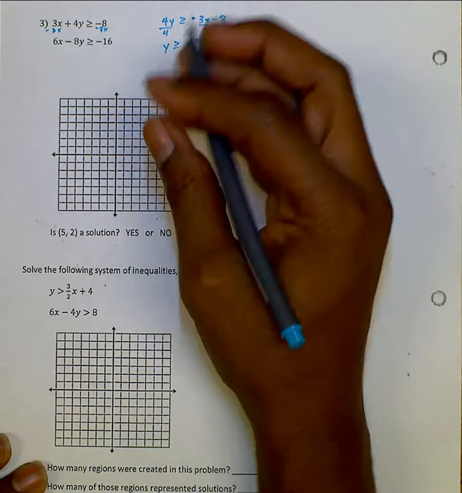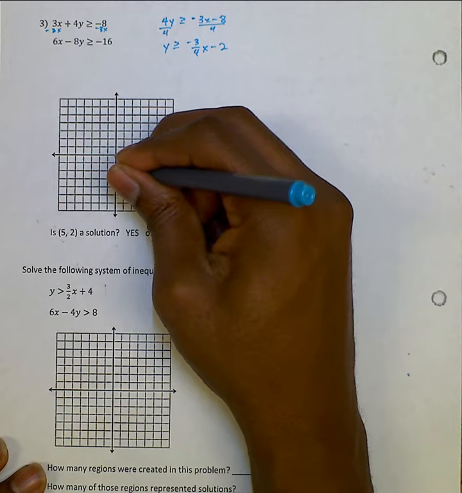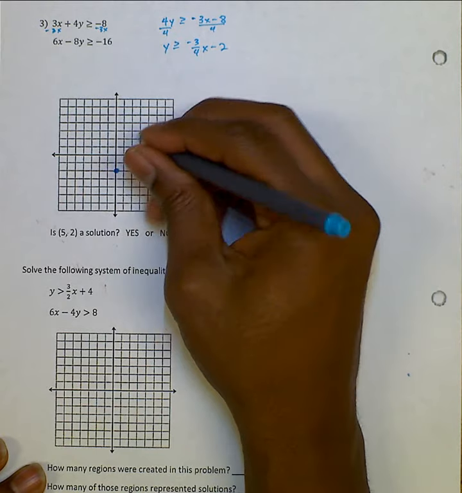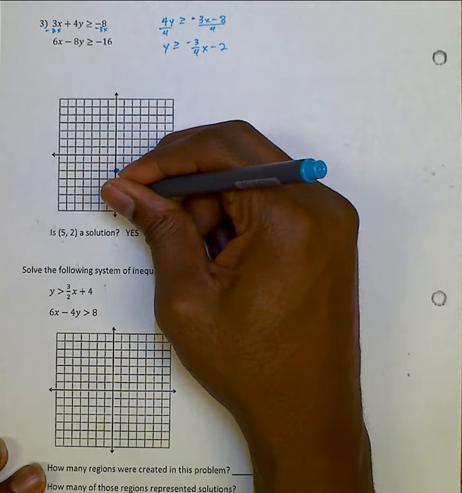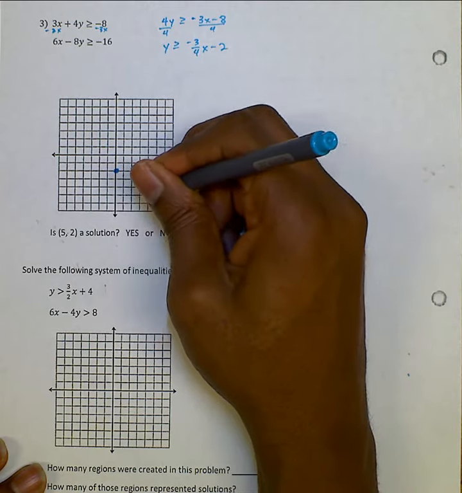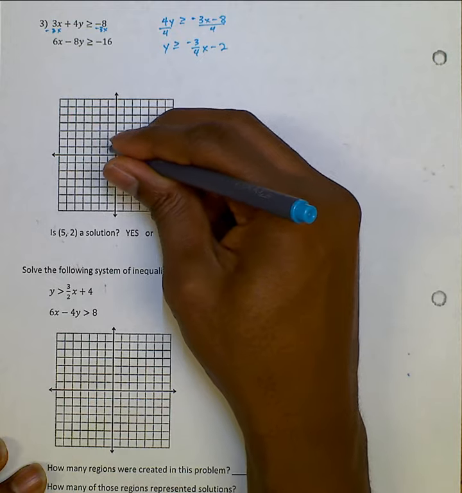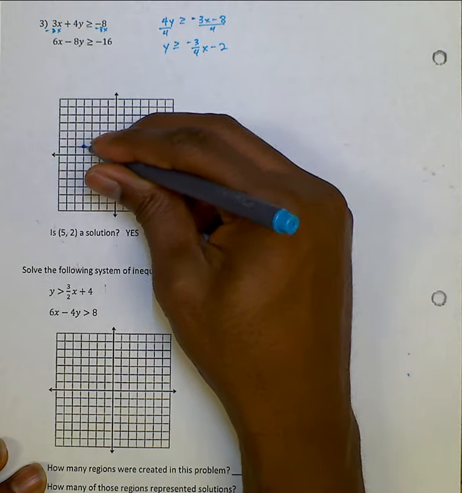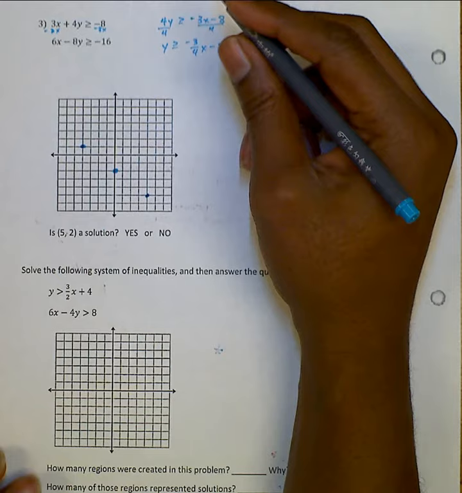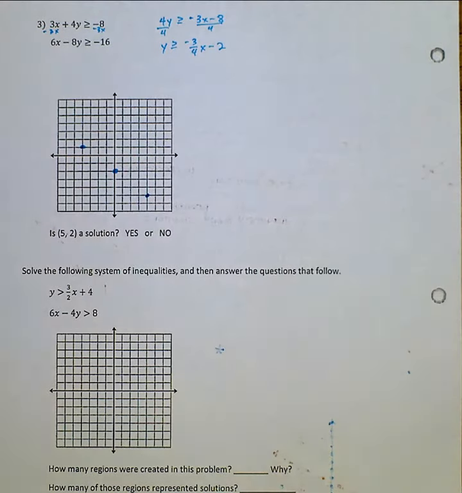So minus 2, my y-intercept. My slope is negative 3/4, so down 3 over 1, 2, 3, 4. I can go up 3 and to the left, 1, 2, 3, 4. Okay, this is a solid line.